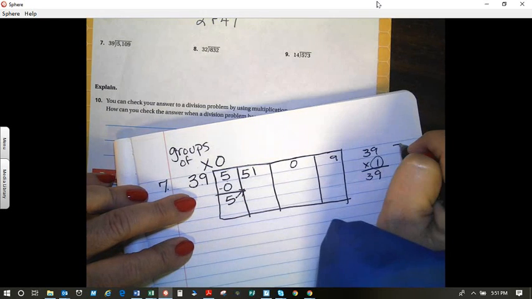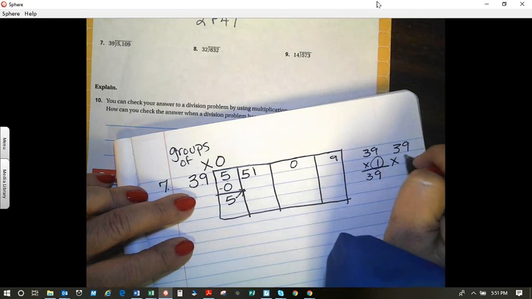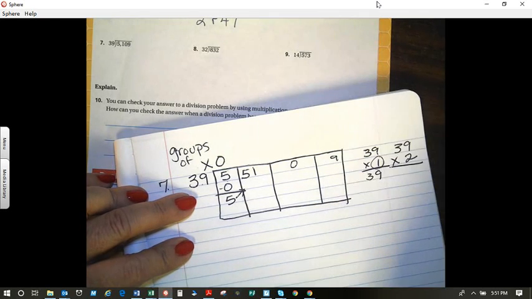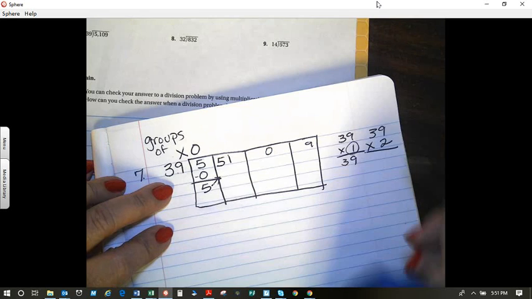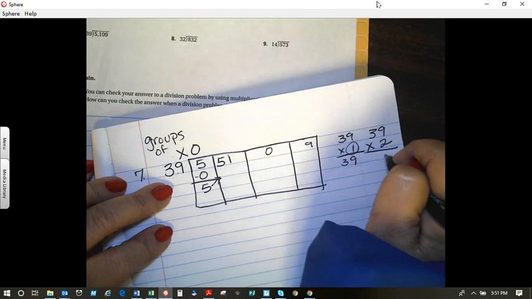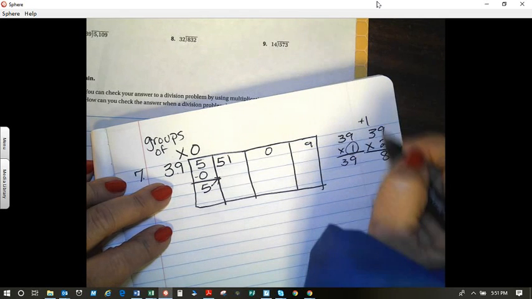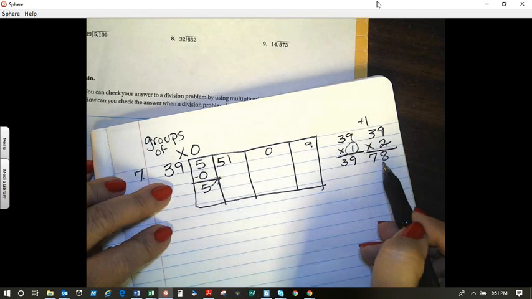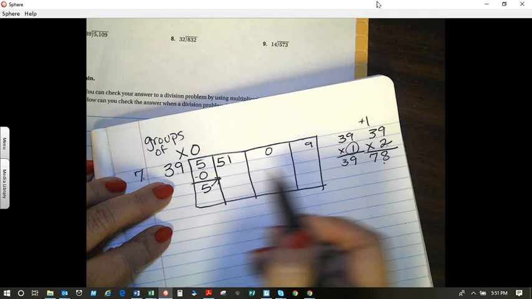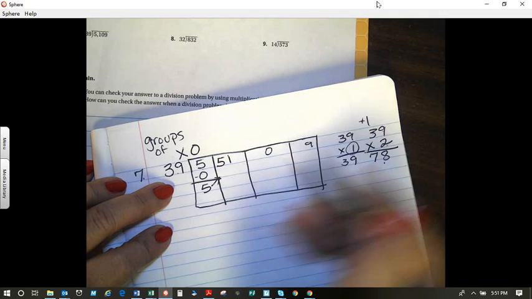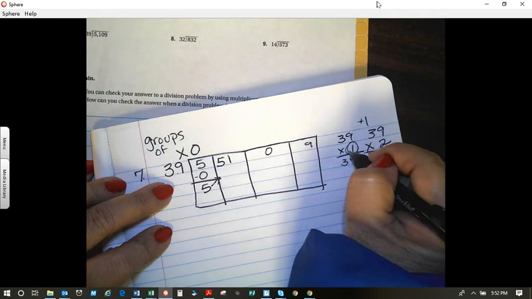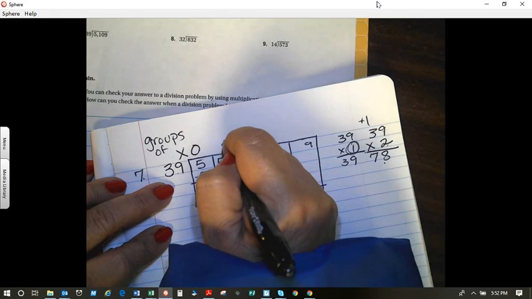But if you don't, what you're trying to do is to force 2 to go in, and y'all did that on the quiz today. So it's 2 times 9 equals 18. 2 times 3 is 6 plus 1 equals 7. This is way too big because I cannot go over 51. So the only one that I have is going to be one group of 39.